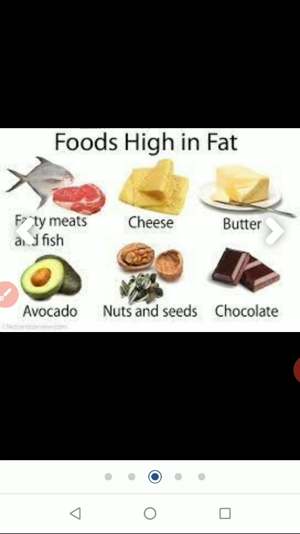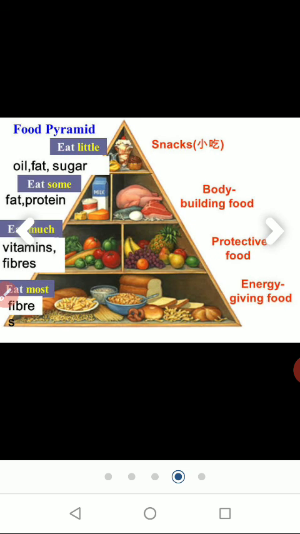Also nuts, fish, avocado. All these are high in fats. Then next I just want to show you how much energy giving food should be consumed, in maximum quantity. Protective food, that is vitamins, should be taken in a little less quantity, than bodybuilding food, and then snacks.